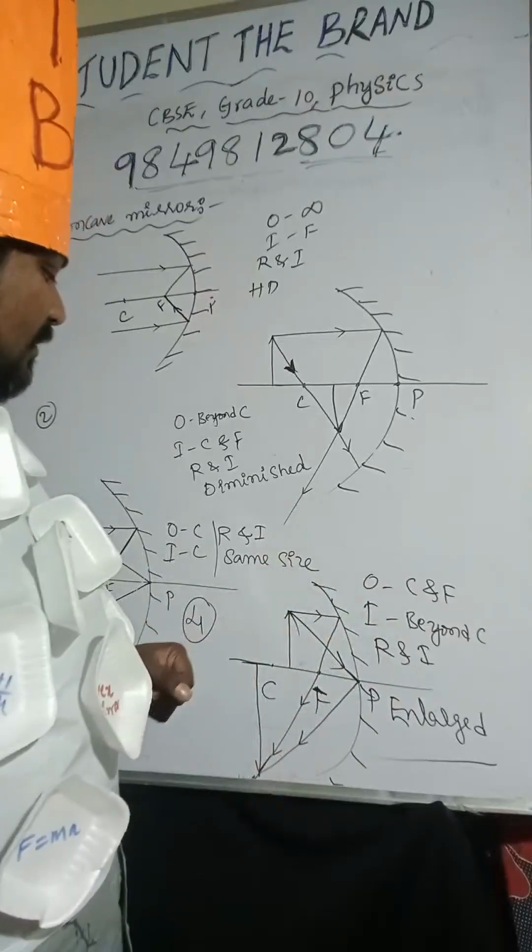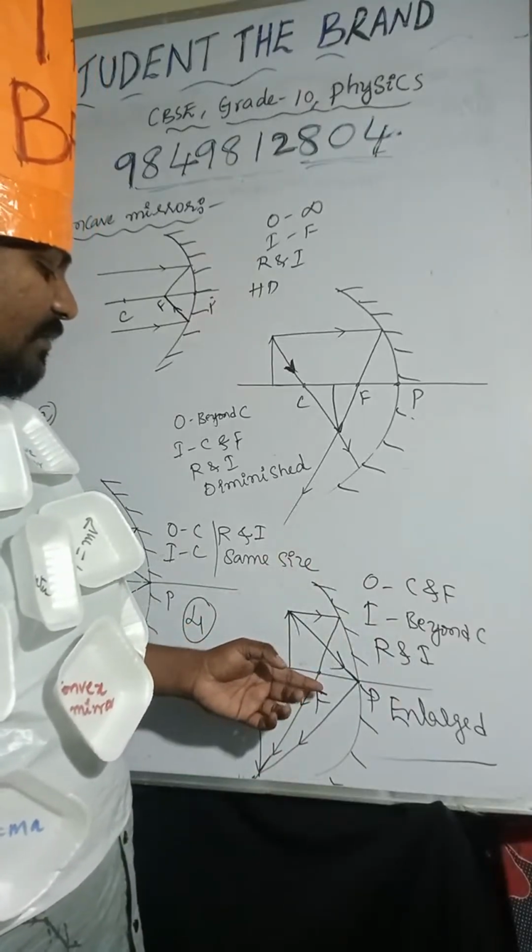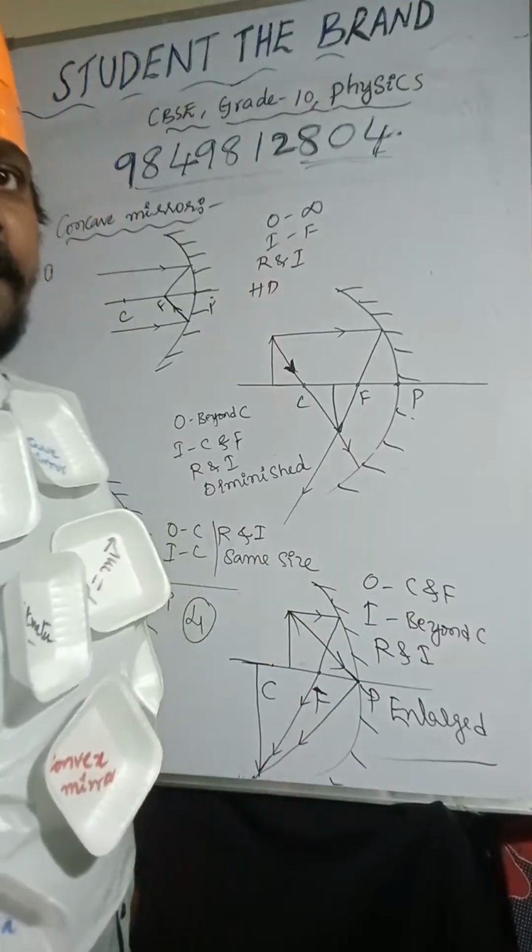So two more are there. Next one is at F. Another one is between F and P. So we'll discuss.